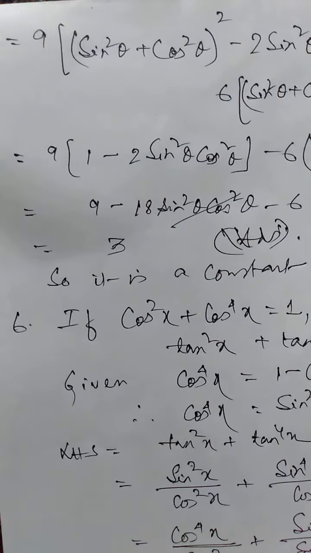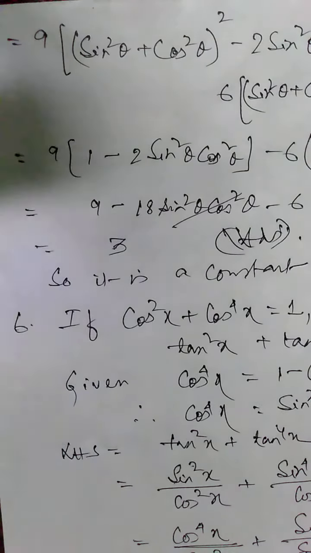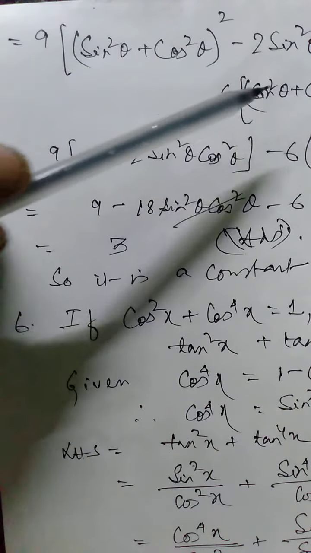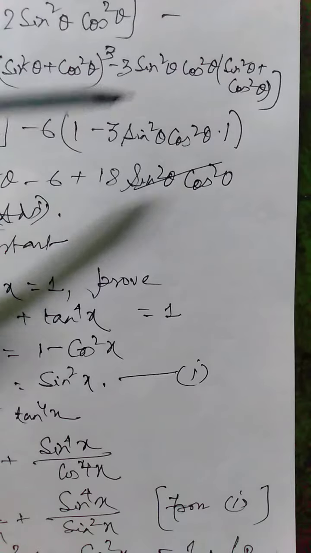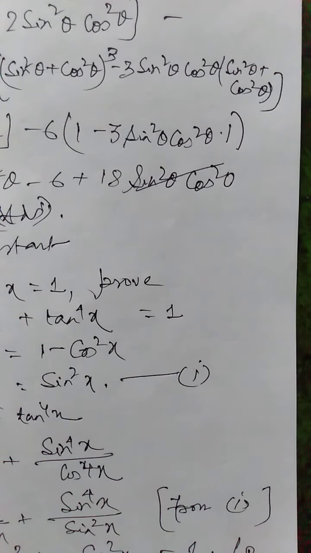So a square plus b square is what? A plus b whole square minus 2ab. And a cube plus b cube is a plus b whole cube minus 3ab into a plus b. Okay, this is the formula of a cube plus b cube.